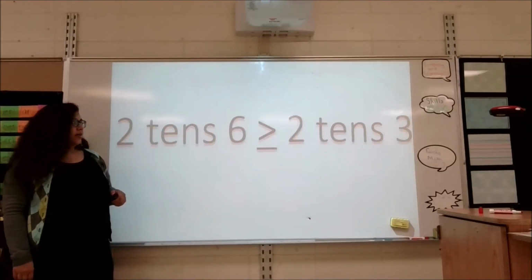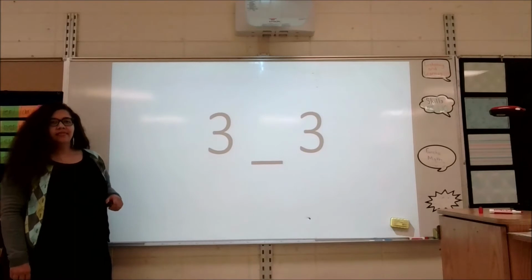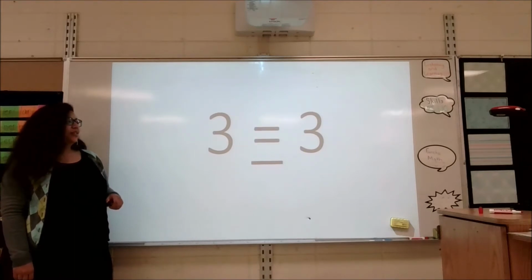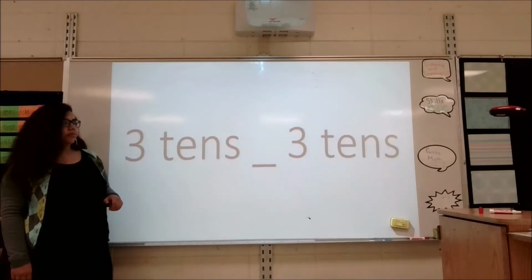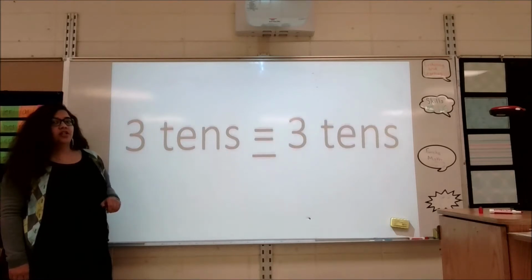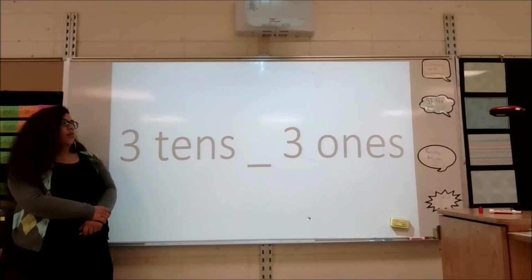Great job. All right, what about this one? Equal to, we know that 3 is equal to 3. Good. How about this one? Again, equal to, good. 3 tens is equal to 3 tens. All right, pay attention. How about this one?